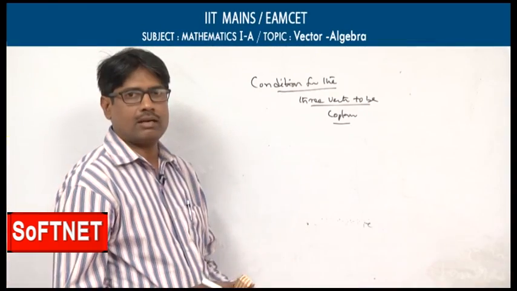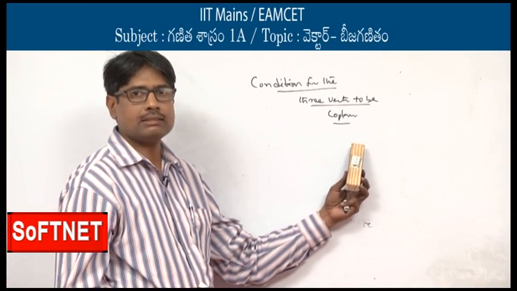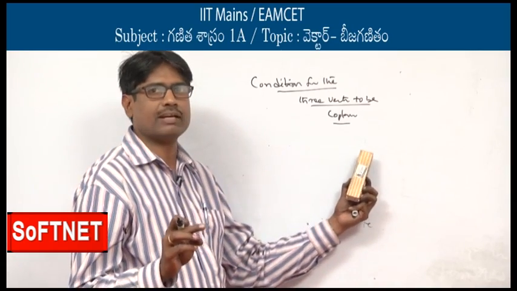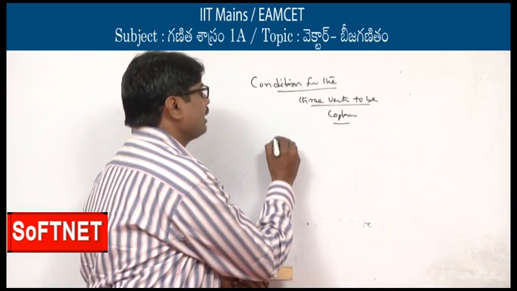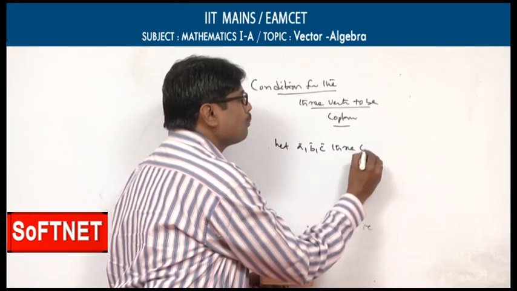Three vectors A bar, B bar, C bar are said to be coplanar if one vector can be expressed as a linear combination of the other two uniquely. Let A bar, B bar, C bar be three coplanar vectors.